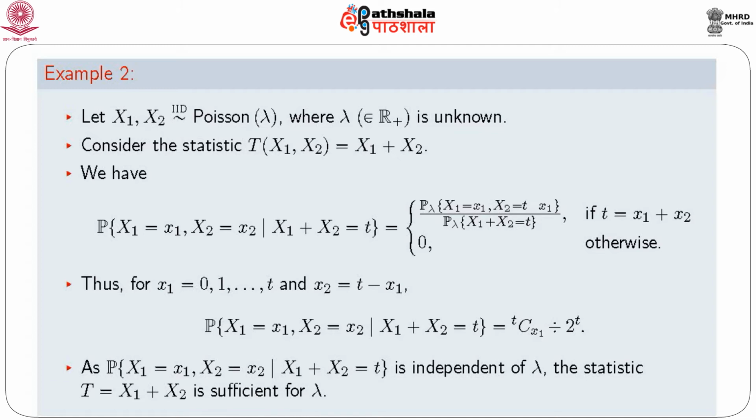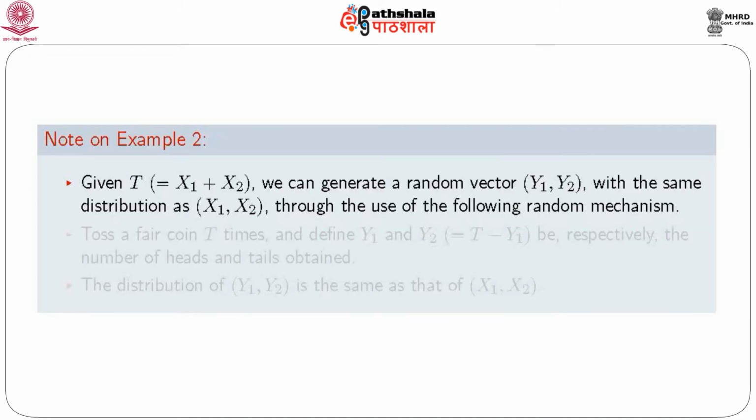as probability X1 equals to x1, X2 equals to x2 given X1 plus X2 equals to t is independent of lambda. The statistic T is sufficient for the parameter lambda. Now, given the value of the sufficient statistic capital T, we can generate a random vector Y1, Y2 with the same distribution as the original observations X1, X2 through the use of the following random mechanism.